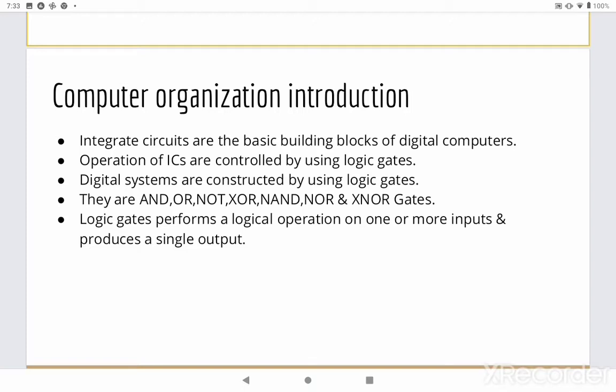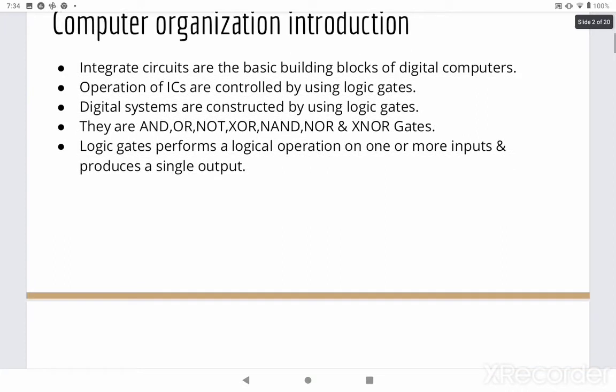Logic gates perform a logical operation on one or more inputs, and produce a single output. If we need a proper output, obviously we need to give some input. Then, according to the input, logic gates will give you a proper single output without any error.